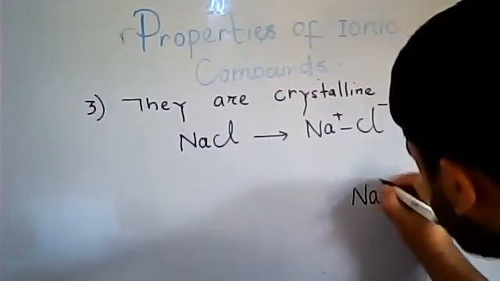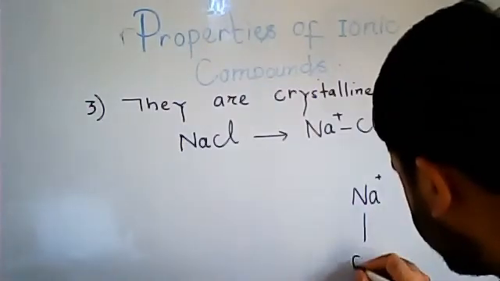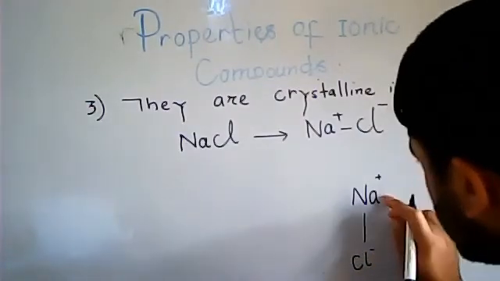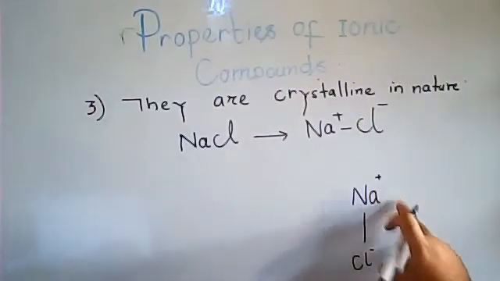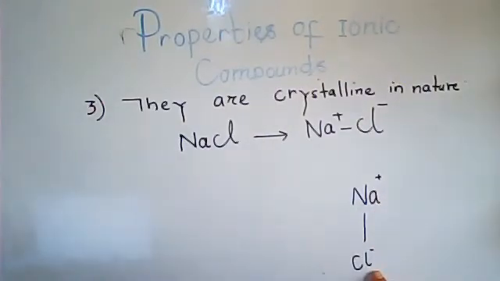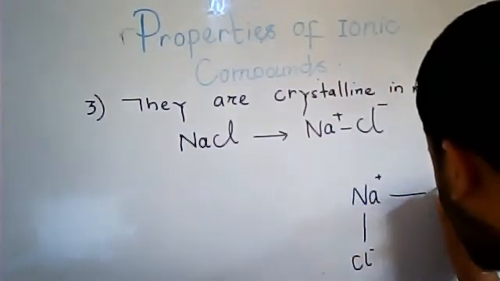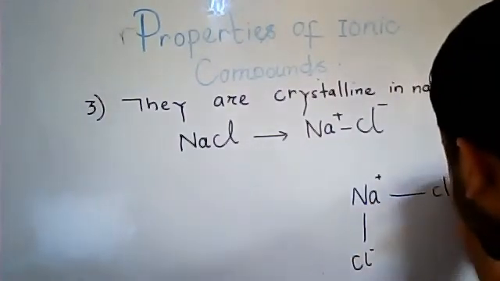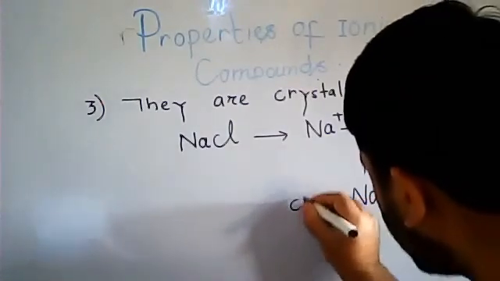This sodium positive charge is surrounded by, say, chlorine here. This is negative charge. So this sodium, this positive charge will have affinity with the negative charge, not only with the one, that is NaCl, but other surrounding charges, that is negative charge. Say here it is negative charge. Here it is negative charge. Here it is negative charge.